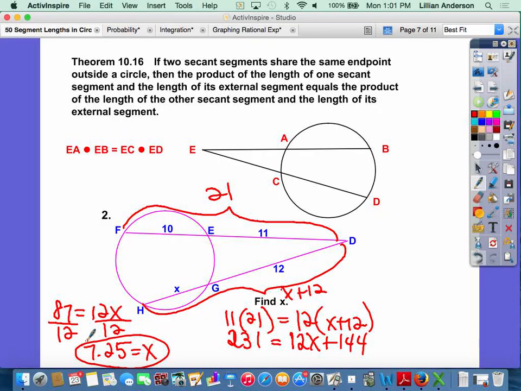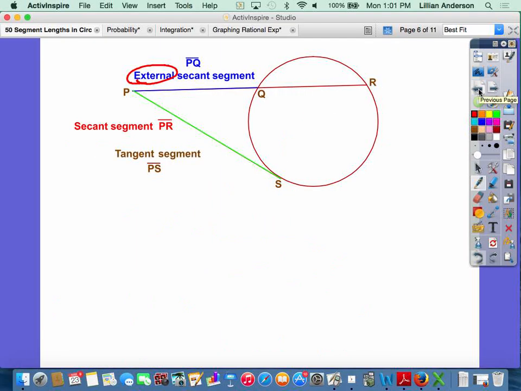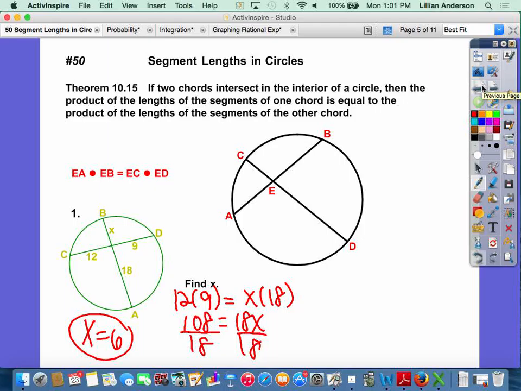So, if you have two secants, it's the external part times the whole secant equals the external part times the whole secant. If you have two chords, it's each piece of the chord times each other equals the other two pieces of the second chord times each other.